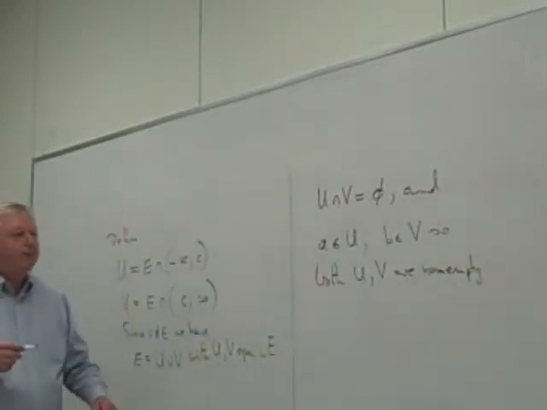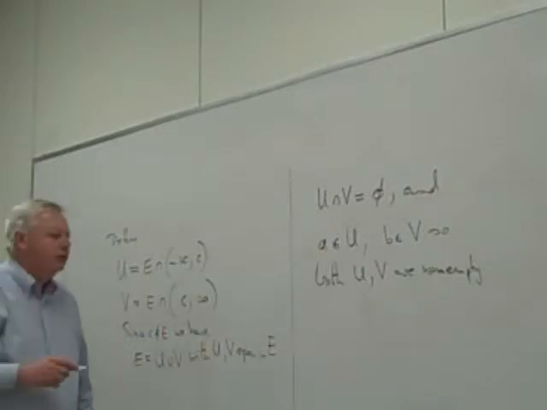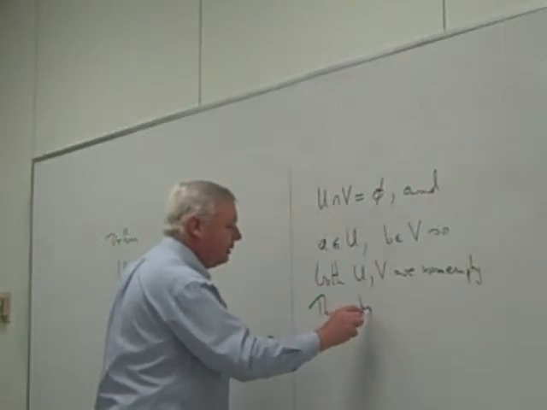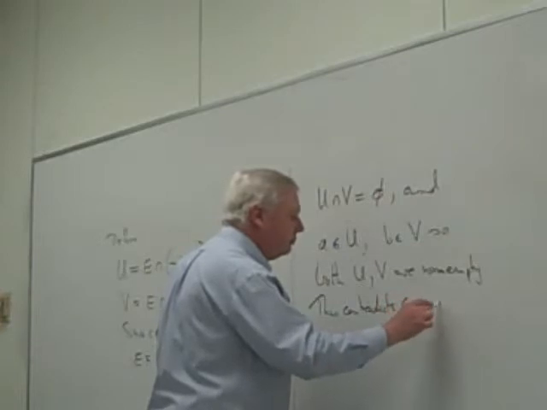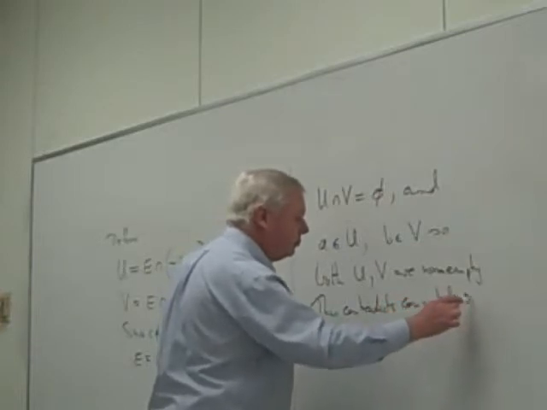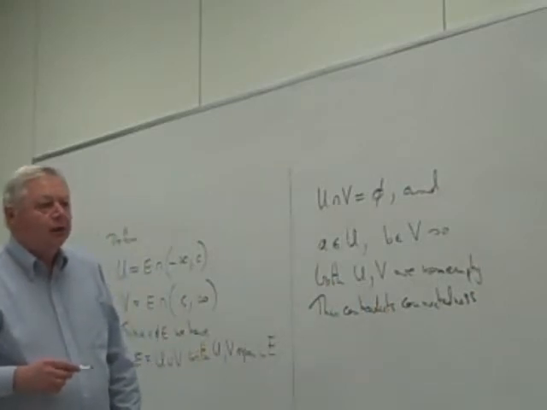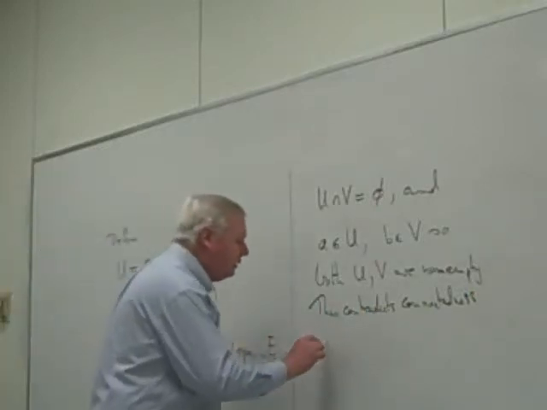So in this way, we found a decomposition of the set E into 2 open disjoint pieces, both of which are non-empty. So this contradicts connectedness. So what did it contradict? Our assumption that E is not an interval. So therefore E is an interval.